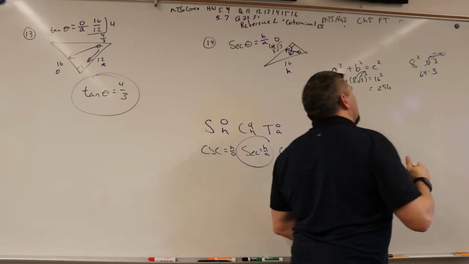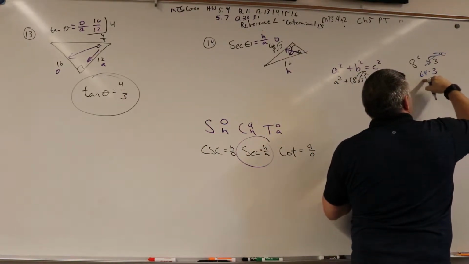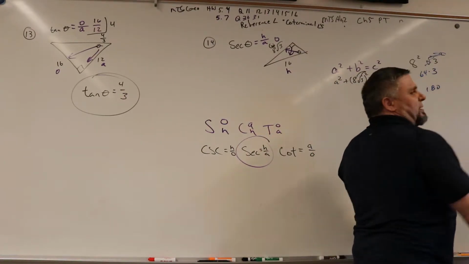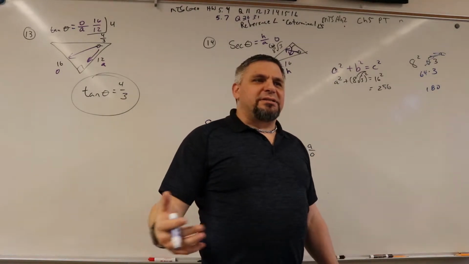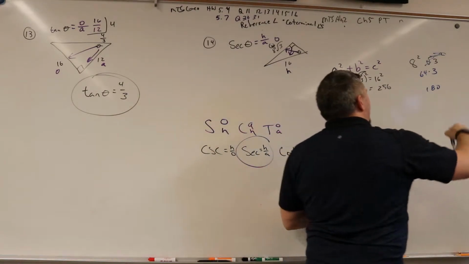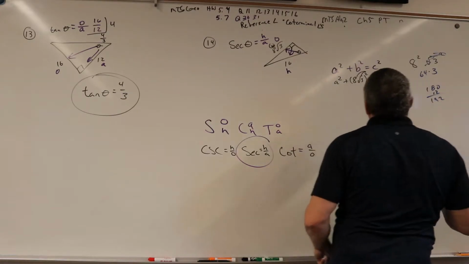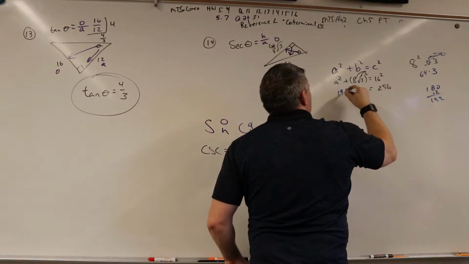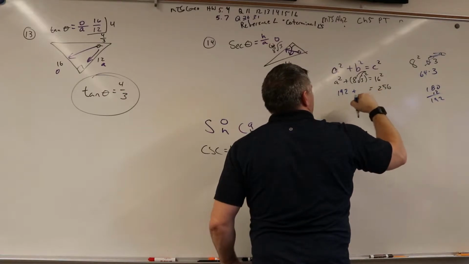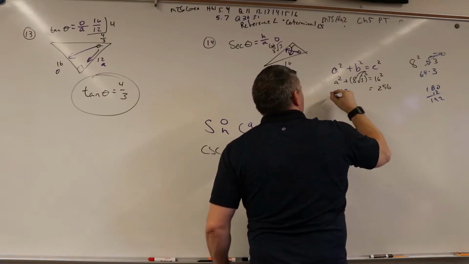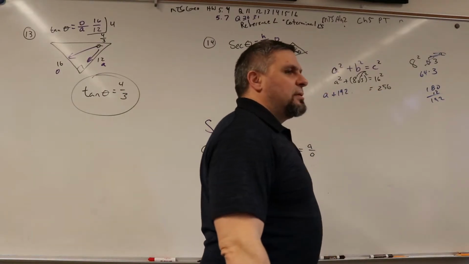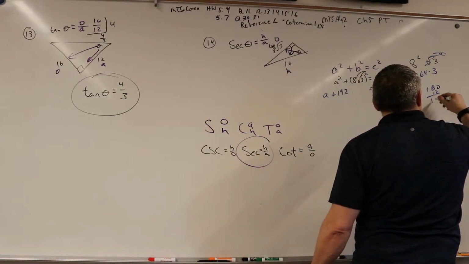Well, 3 times 60 is 180, and 3 times 4 is 12, so that's going to be 192. So it's not a great one. Plus A squared.